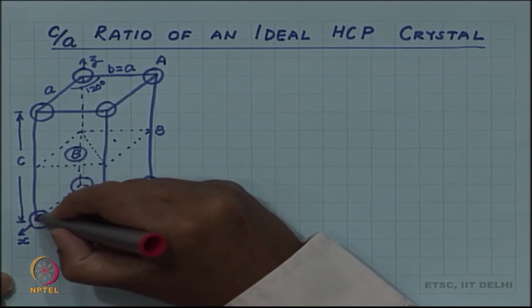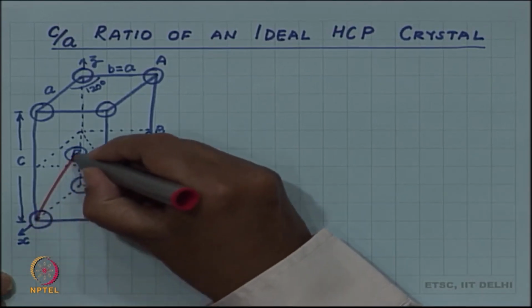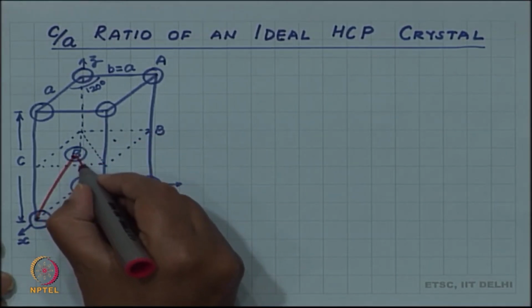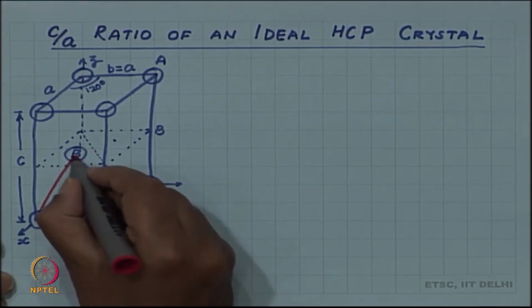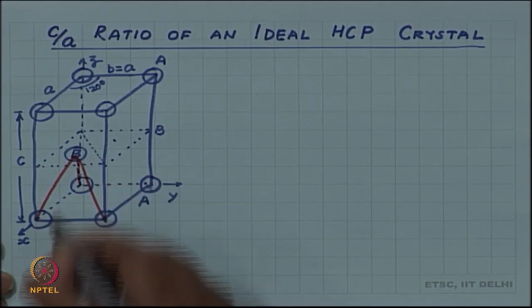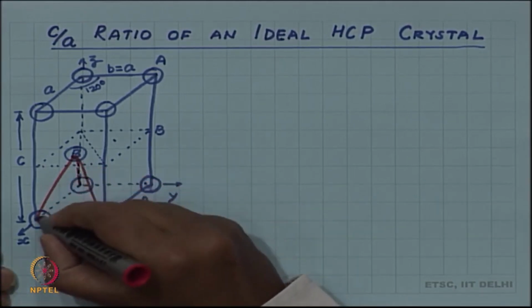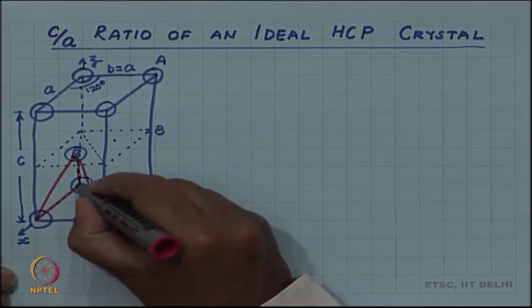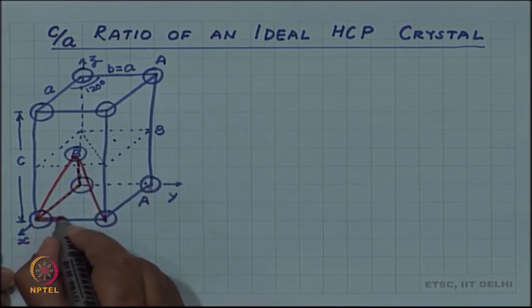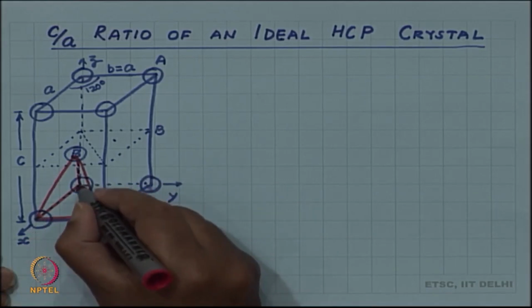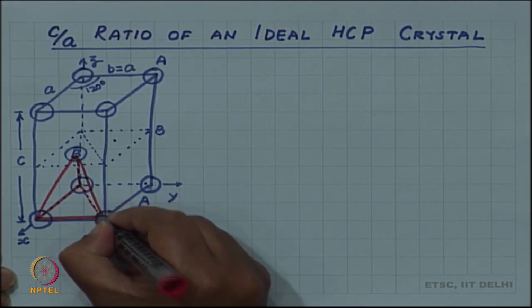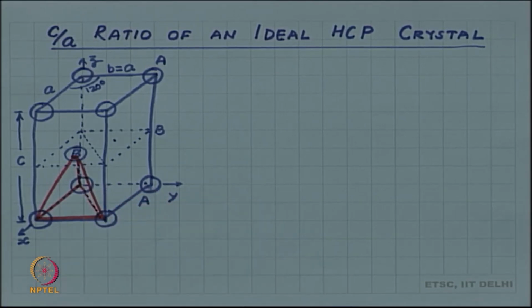So, with respect to these 3 A atoms, this B atom is forming a tetrahedron, an upright tetrahedron, if I join the 3 atoms below on which this B atom is sitting. So, I have an upright tetrahedron here shown in red.